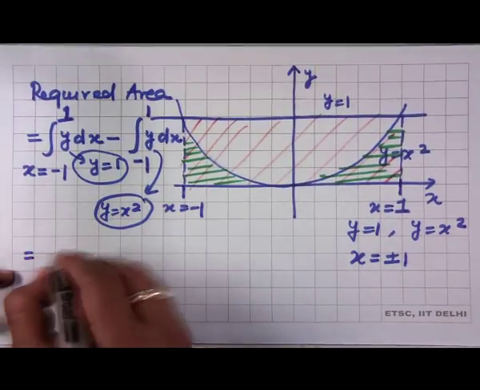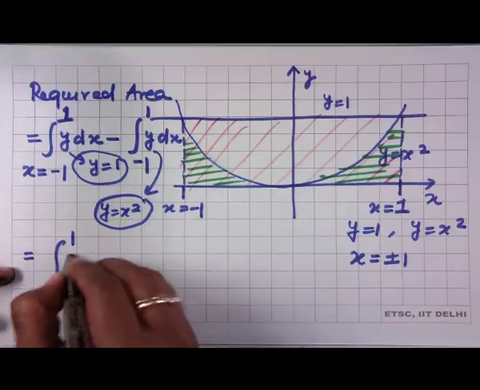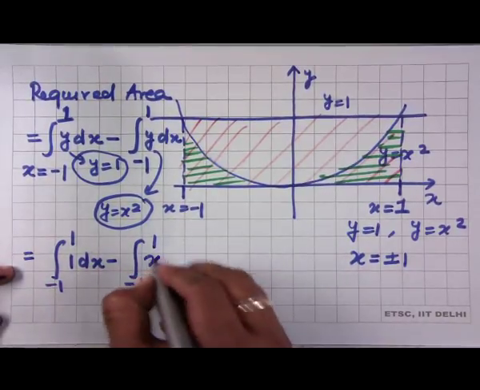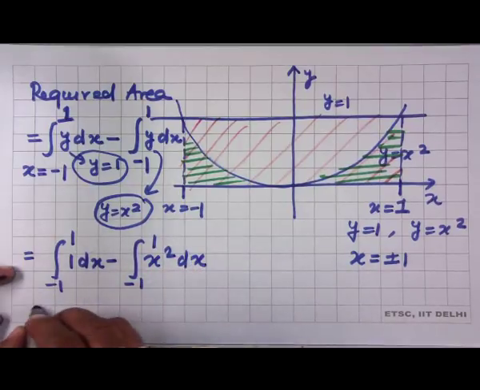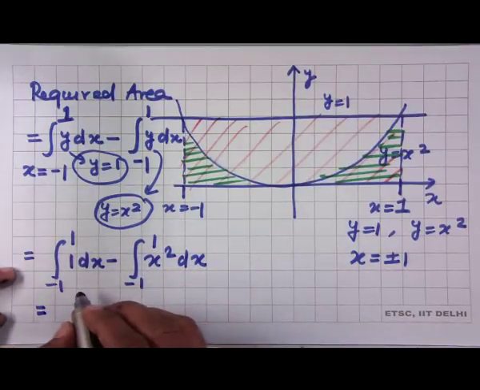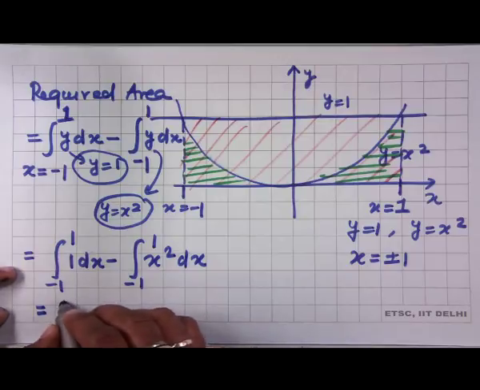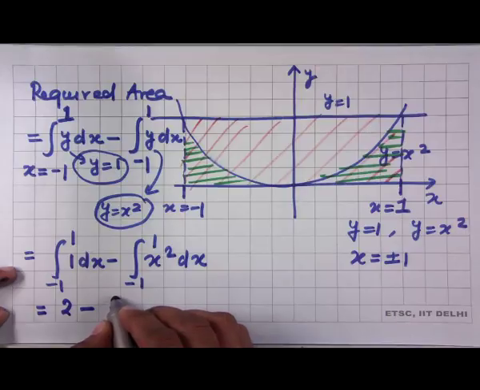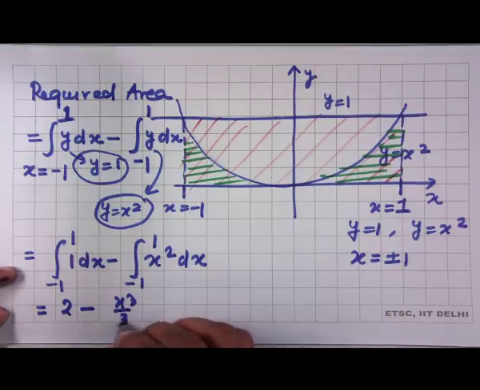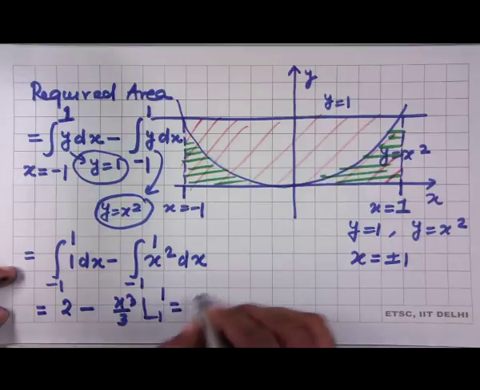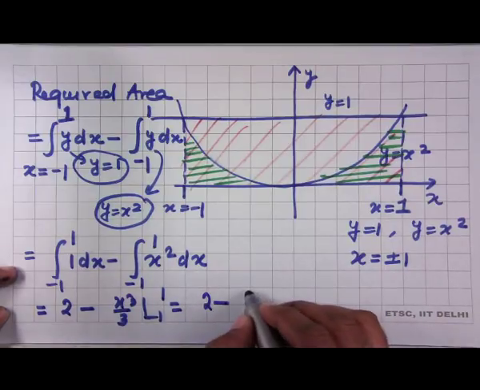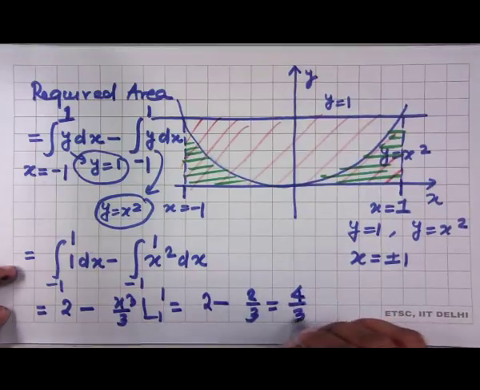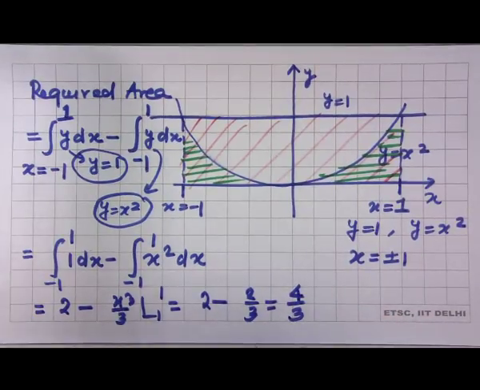So, the required area is integral minus 1 to 1 dx minus integral minus 1 to 1 x square dx. So, this is equal to 2 minus x cube by 3 from minus 1 to 1. So, 2 minus 2 by 3, which is again equal to 4 by 3, same as the previous calculation.